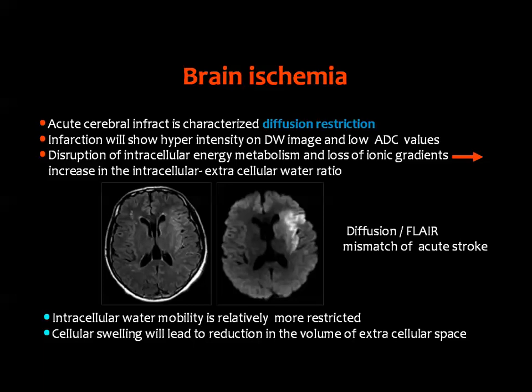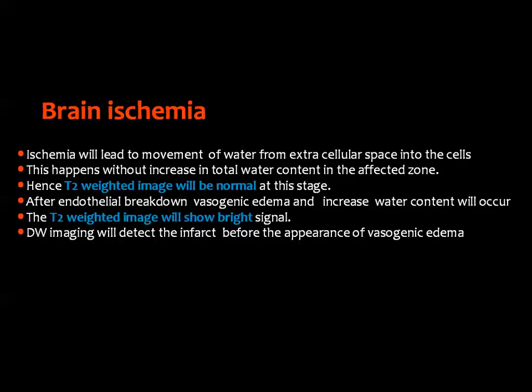And at that time, where the cells are swollen and the extracellular space is limited, you hardly see any changes in the CT and the MR images. But in diffusion weighted images, you will see the area of restricted diffusion, denoting that this is a hyperacute or an acute insult.